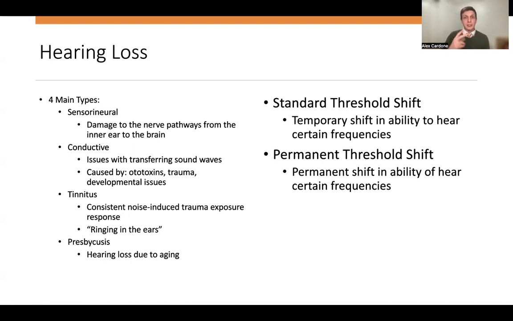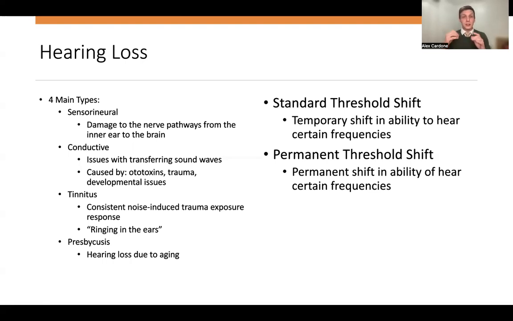Two important definitions to understand are a standard threshold shift and a permanent threshold shift. We talked about this a little bit on the last slide. Whenever our hearing is damaged, for example, if you go to a concert and you're right next to the speaker, and then you're driving home with your friends and you realize you're all yelling at each other, that's because you're experiencing a standard, or temporary, threshold shift.